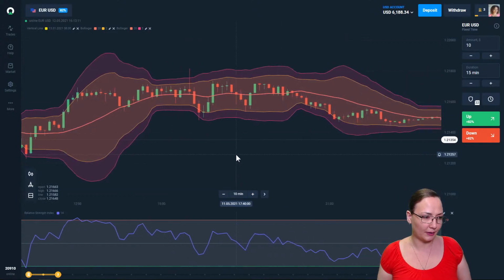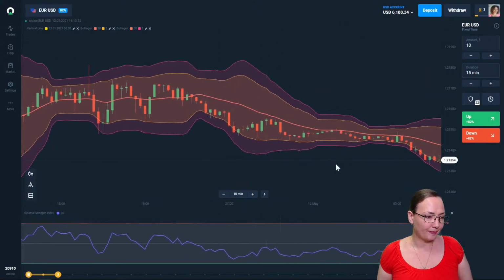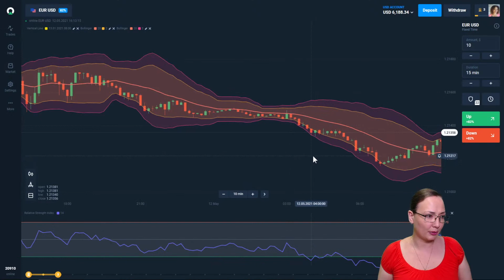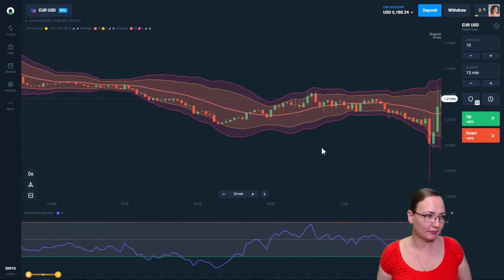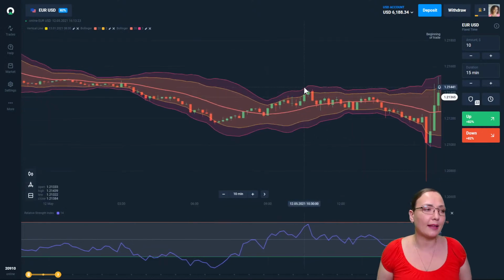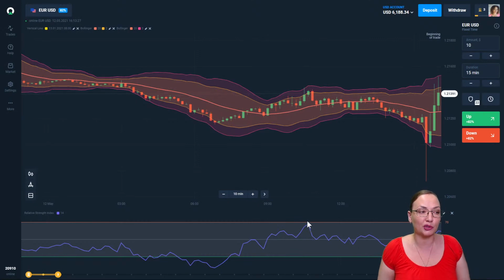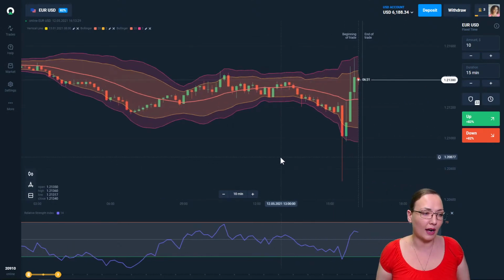Let me just show you some more examples. For example, right here, we had this touch, and then we started to move down. We can see that the price is very close to being oversold on the RSI as well.